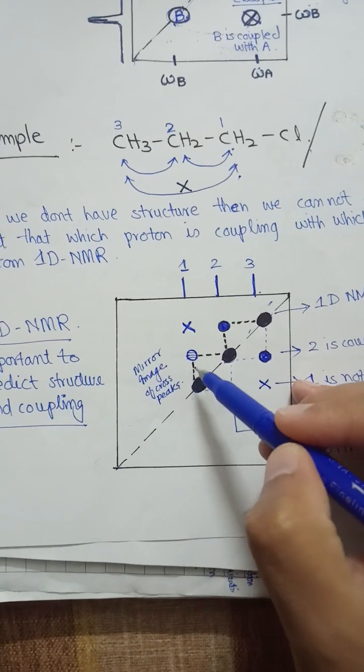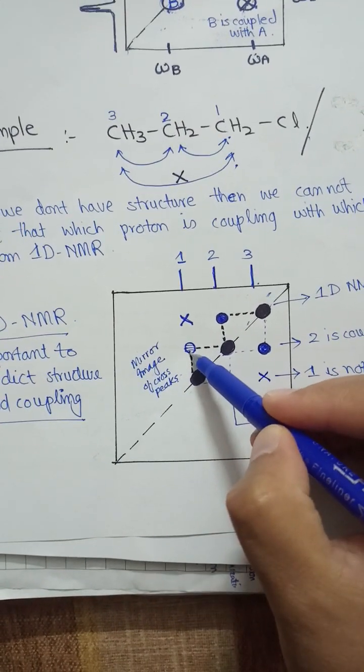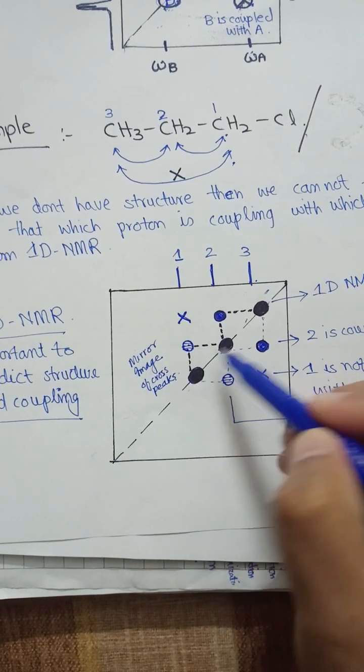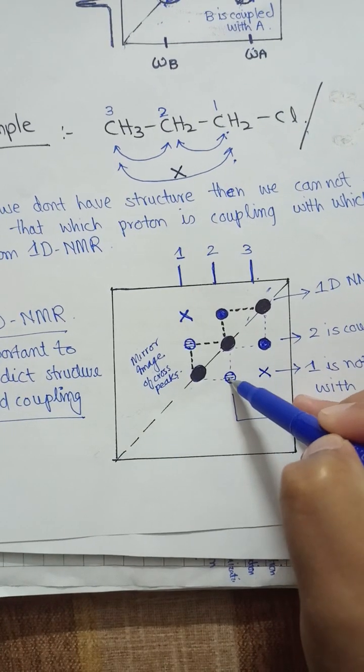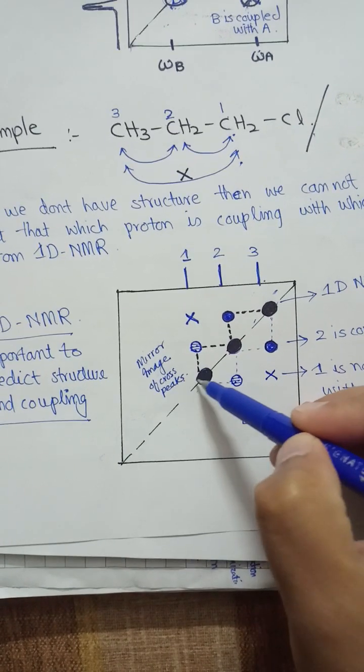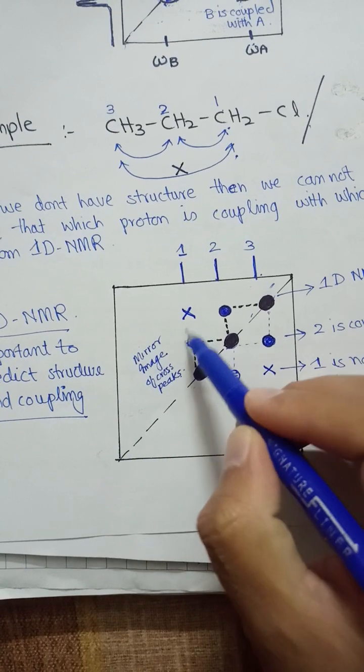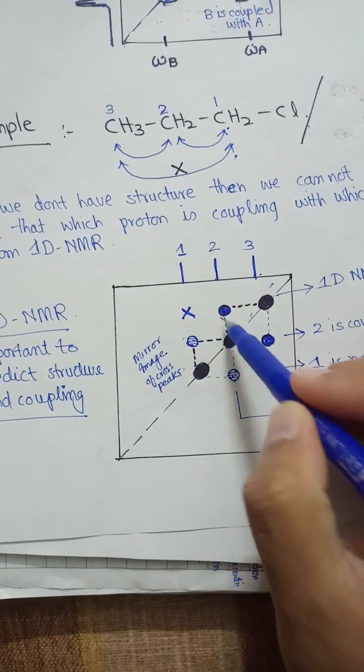Similarly, we have a cross peak here which represents that 1 is coupling with 2, and this one represents that 2 is coupling with 1. So these are mirror image peaks.